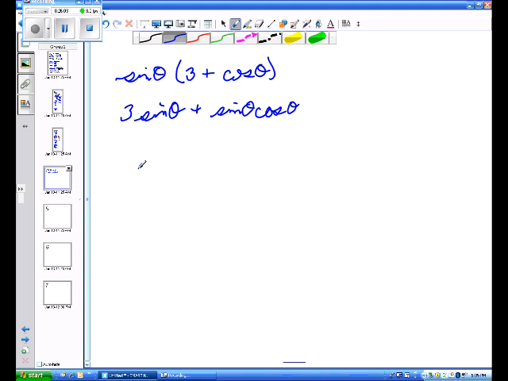If we wanted to do multiplying 1 plus tangent theta times 1 minus tangent theta. Now, this should look like multiplying two binomials, you know, x plus y times x minus y.